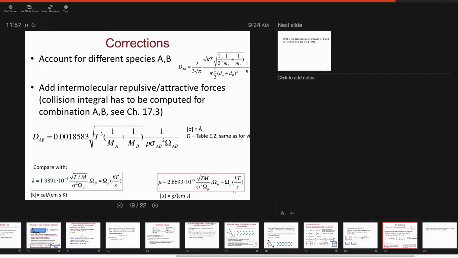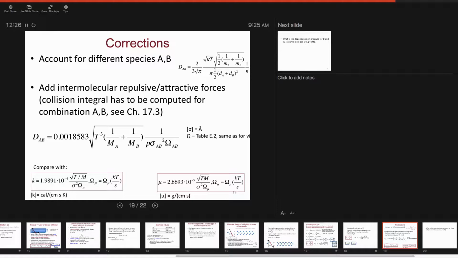All I want you to really know is that there is a formula in there. And my dependence on temperature becomes a little more involved, so I have T to the 3/2. And I do have pressure here that shows up. But since I had density before, that's not necessarily a surprise. And I would still look up those collision operators, omega AB.